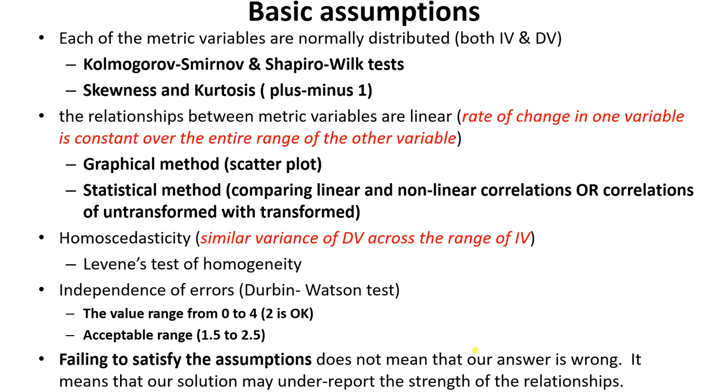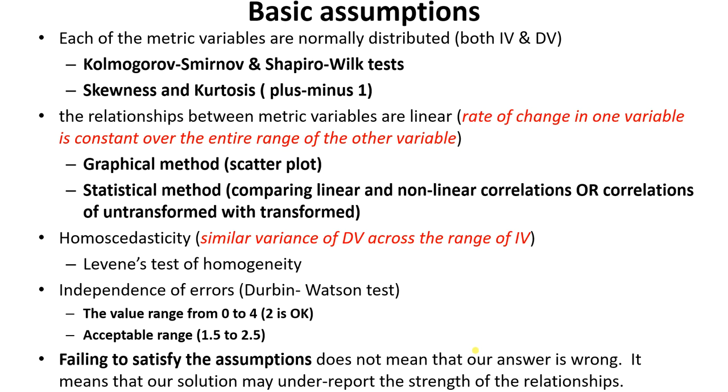Now, let us conclude by discussing basic assumptions. Like all statistical analyses, some basic assumptions are also there for multiple regression analysis. First thing is that each of the metric variables is normally distributed.